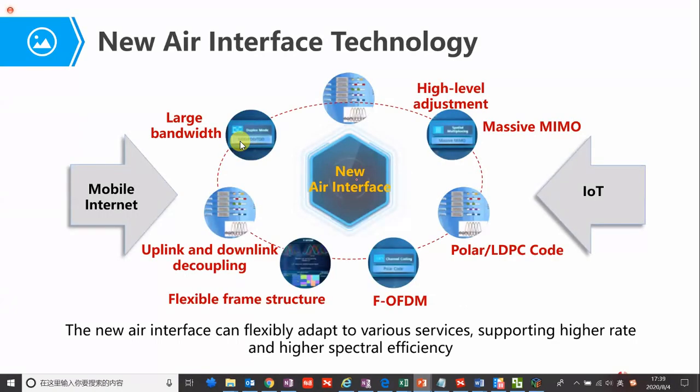we will learn some about the new air interface technology. I think this is also very important for us to understand why 5G can achieve the high throughput, achieve the low latency, and so on.